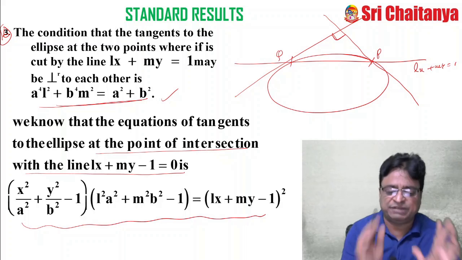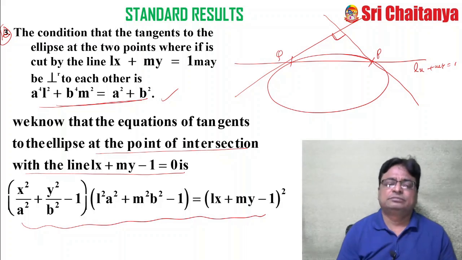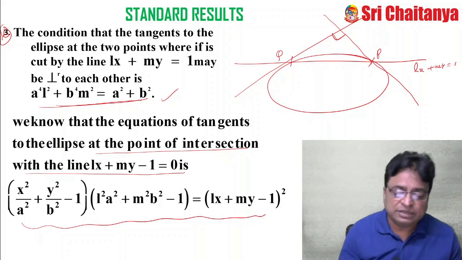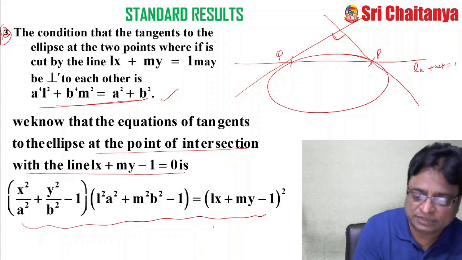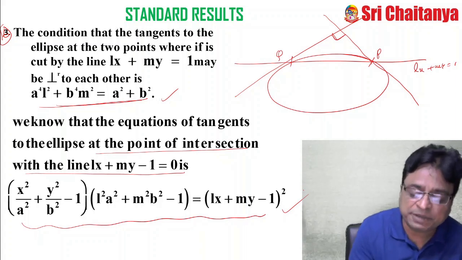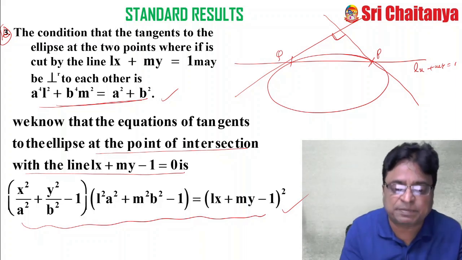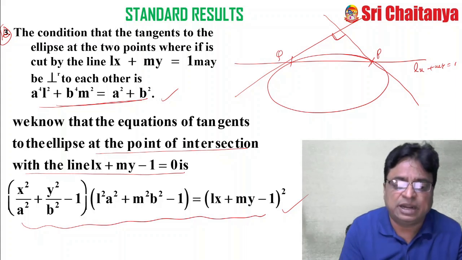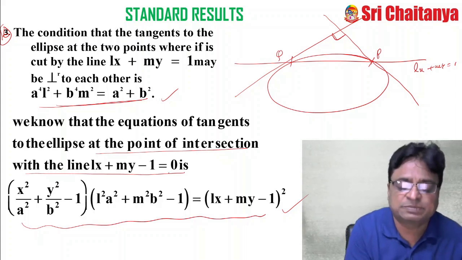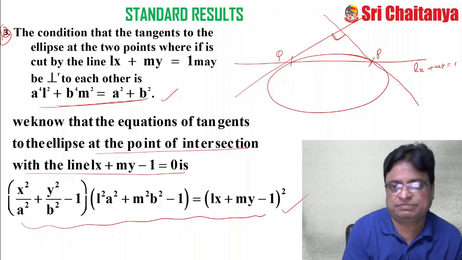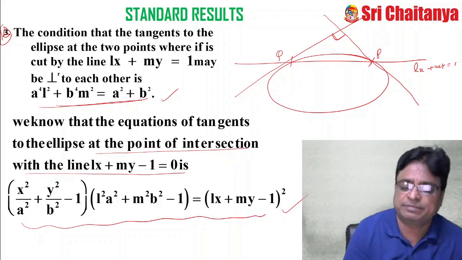Otherwise, the problem is very difficult. This is the equation of the pair of tangents. What kind of pair of tangents? That pair of tangents is obtained at the points of intersection of the line lx plus my equal to 1 with the ellipse, as I have shown in the diagram.